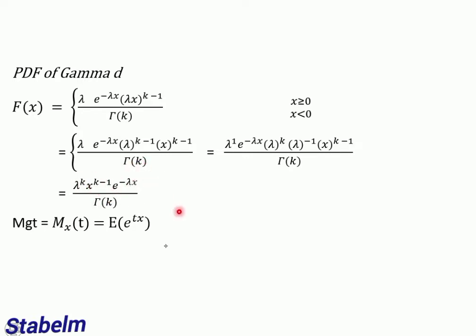When we multiply this with this distribution and simplify it further, that will give us our moment generating function, and as such we're going to have M subscript x of t equals integral from 0 to infinity, exponential raised to power tx, lambda raised to power k, x raised to power k minus 1, exponential raised to power minus lambda x divided by the symbol k, dx.